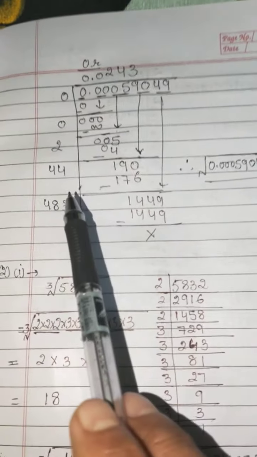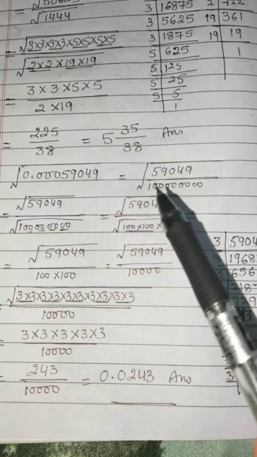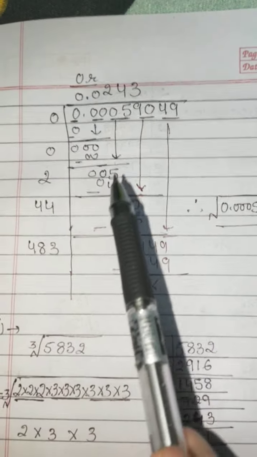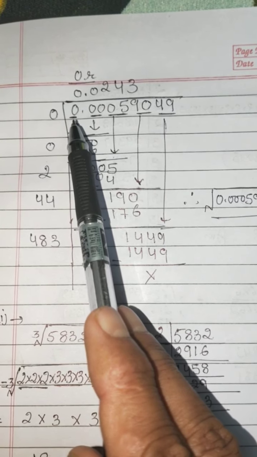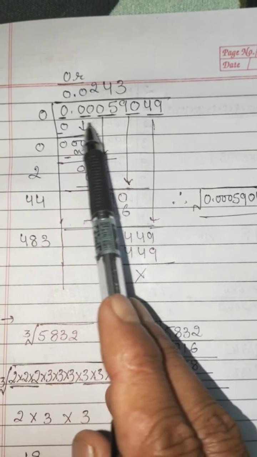Next, second question. Secondly, we can solve this sum using the long division method, but here no long division method is given. So how can you find this square root using the long division method? 0 is your whole part and after the point this is called your decimal part.